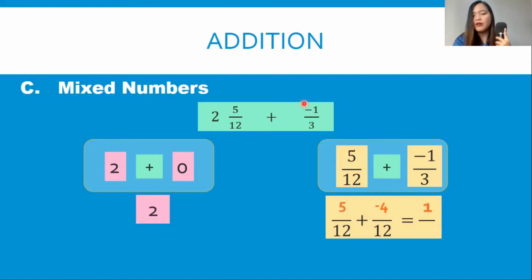You have 5 plus negative 4 is 1, and then copy 12. Then combine, you have 2 and 1 over 12. Therefore, 2 and 5 over 12 plus negative 1/3 equals 2 and 1 over 12. Did you get it? That's the answer.